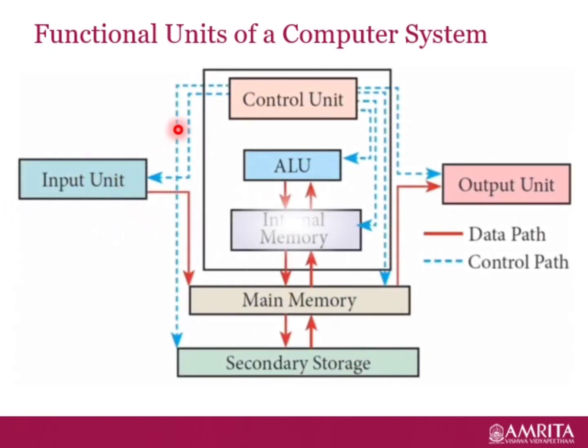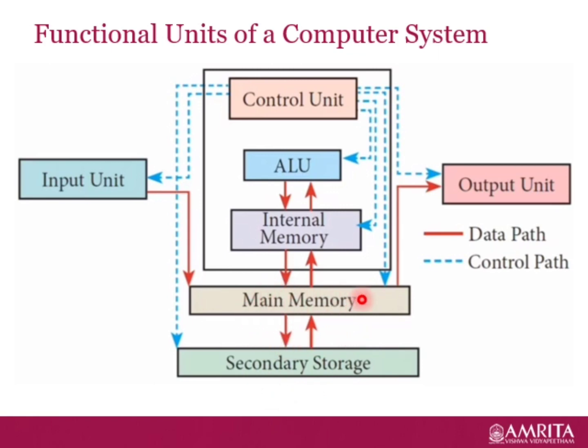And finally, we have the output unit for providing the output. This slide definitely gives you a better understanding of the functional units of a computer system. This is the input unit. This block is the central processing unit, which contains the control unit, the arithmetic logic unit, and some internal memory like the registers and cache memory. The memory unit mainly has the secondary memory as well as the main memory.